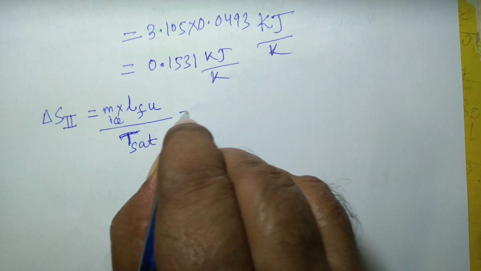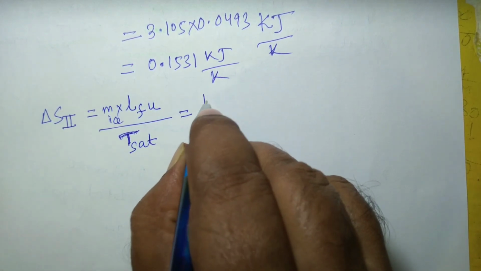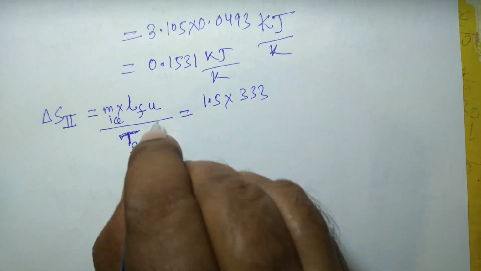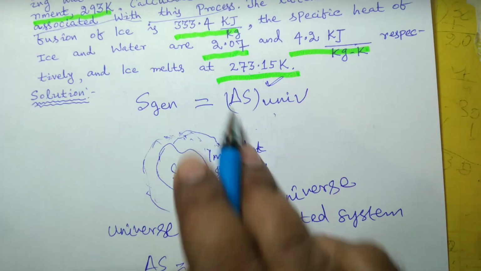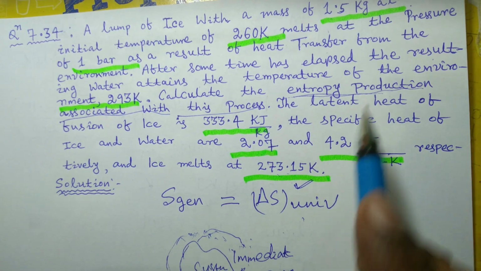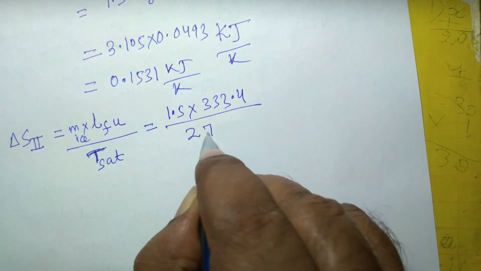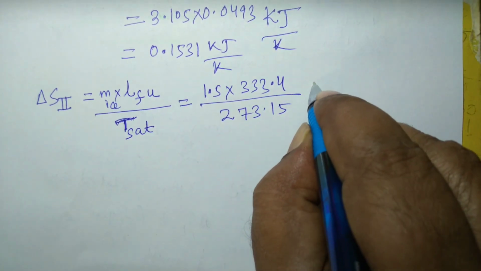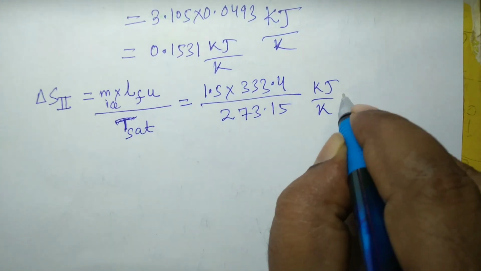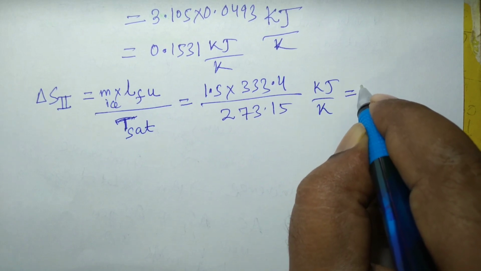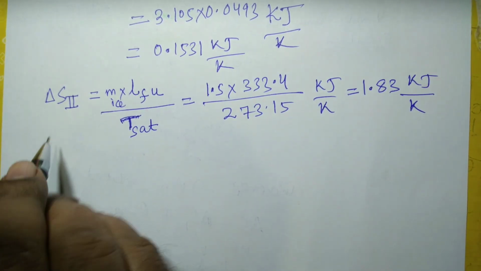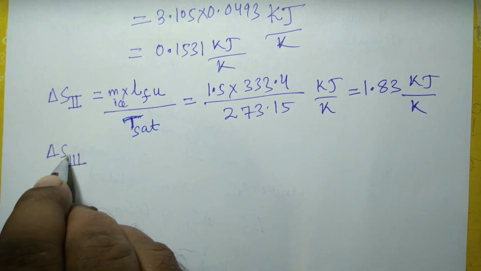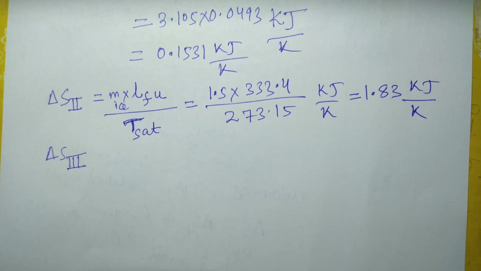So this is how we calculate the change in entropy, and this is equal to 1.5 multiplied by the latent heat of fusion of ice, which is given to be 333.4 kilojoule per kg, divided by 273.15, and the unit will be kilojoule per Kelvin, and this is equal to 1.83 kilojoule per Kelvin.